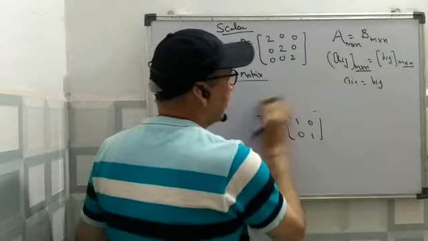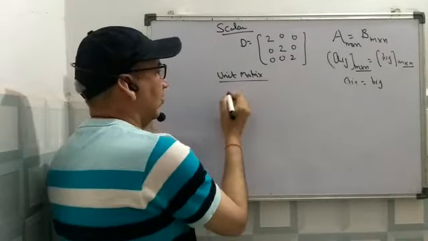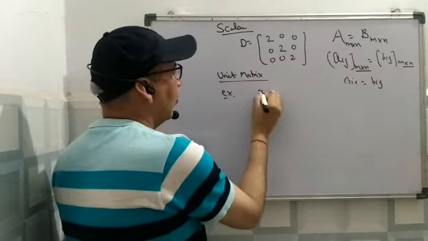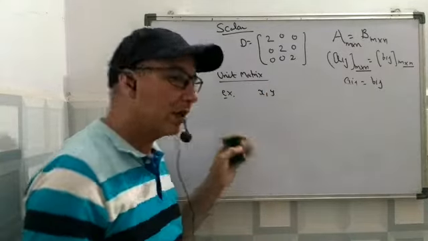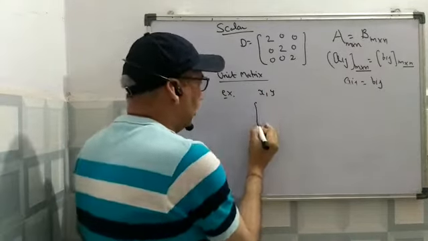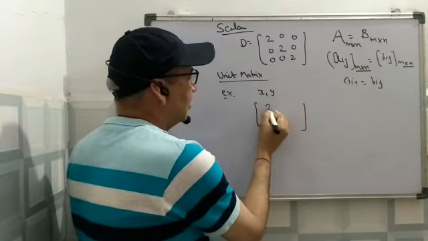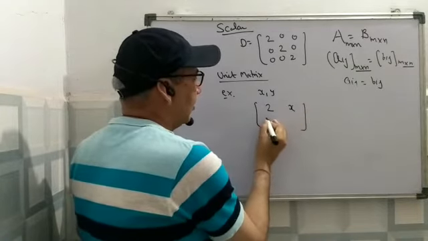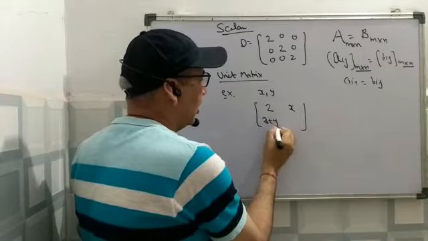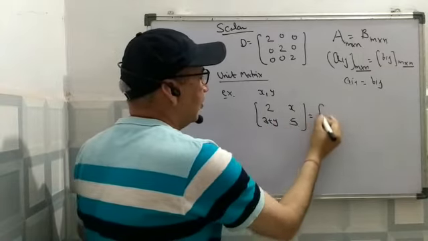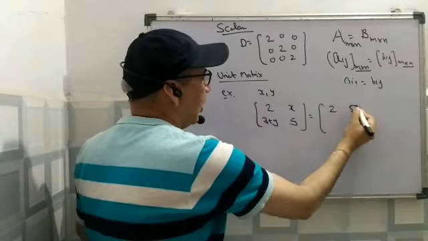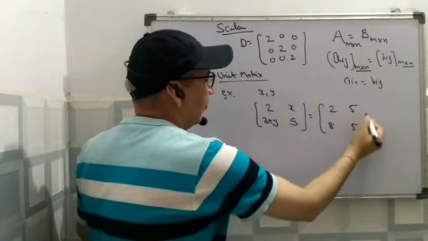Like that, you can see one example. Find the values of x and y in the given equation. This is 2x, 3 plus y and 5, and this will be 2, 5, 8, 5.